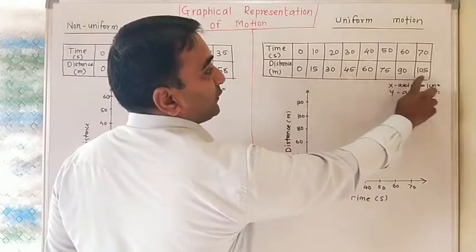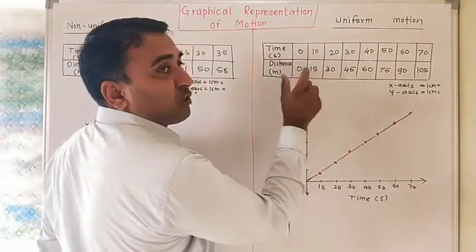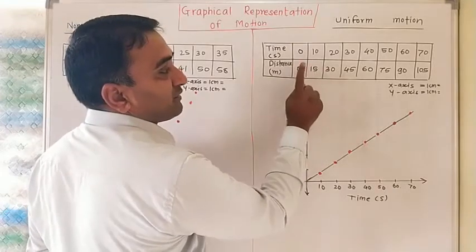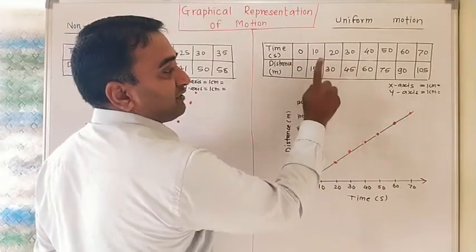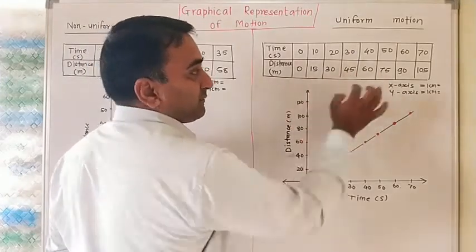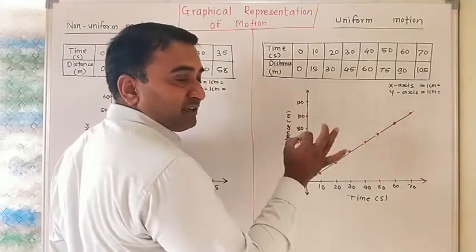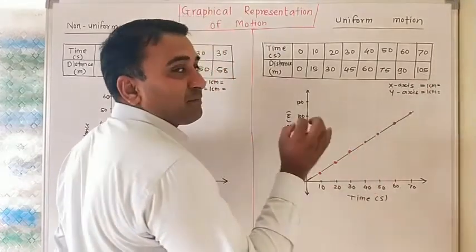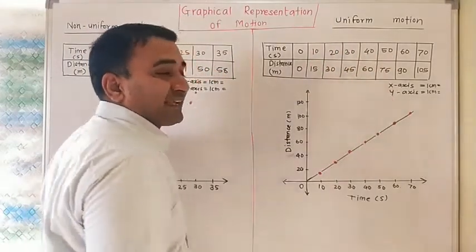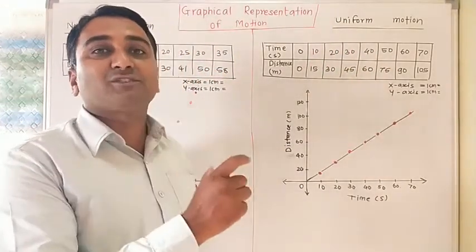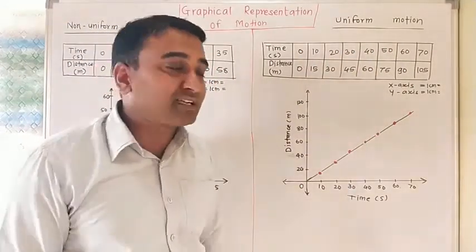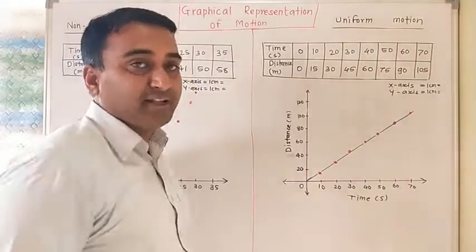So after 20, within 10 seconds, again there is an increase of 15 meters. The difference between consecutive terms: 15 minus 0 is 15, 30 minus 15 is 15, 45 minus 30 is 15, 60 minus 45 is 15, 75 minus 60 is 15, 90 minus 75 is 15, and lastly 105 minus 90 is 15. The time interval is the same, 10 seconds each, and the distance covered is also 15 meters everywhere.